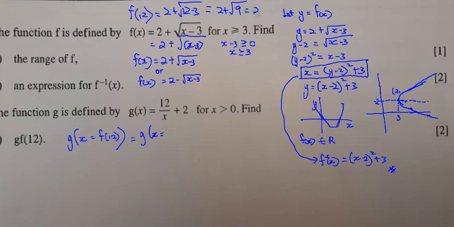So this gives you 2 plus minus 3. Okay, square root 9 can be plus minus 3. Or remember, wait, f(x) becomes 12.